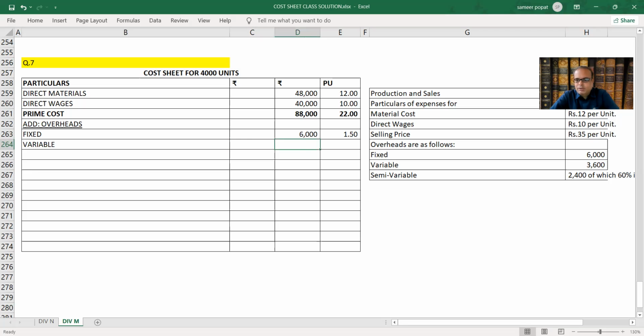Variable overhead is 3,600. Again, divided by quantity 4,000. You will get per unit 0.9.